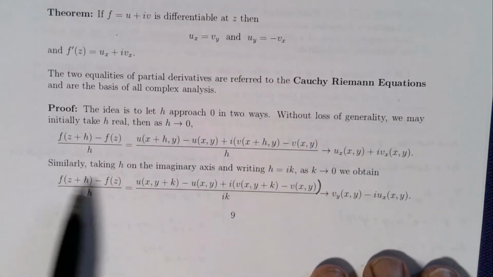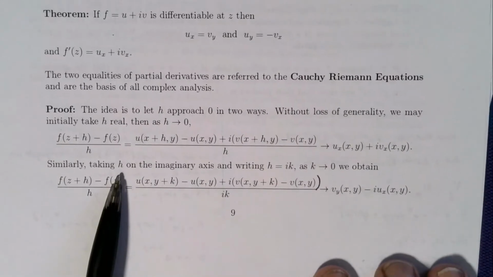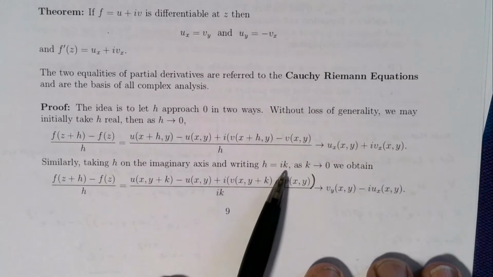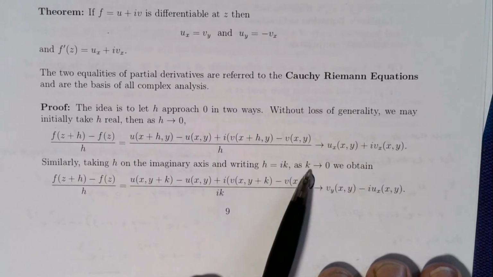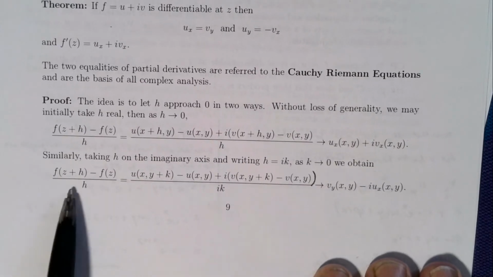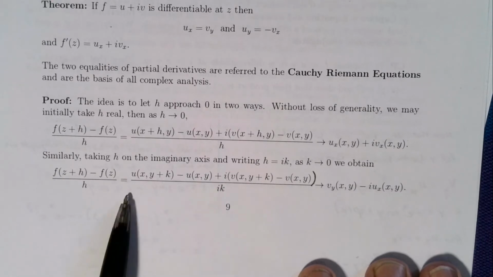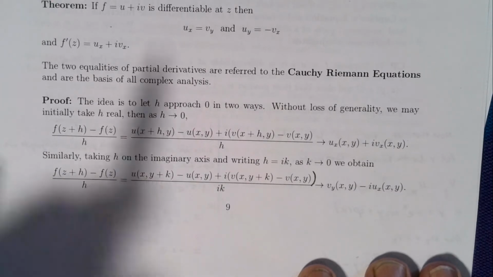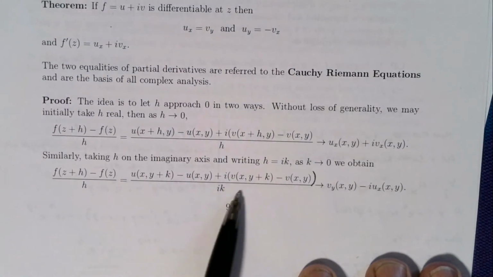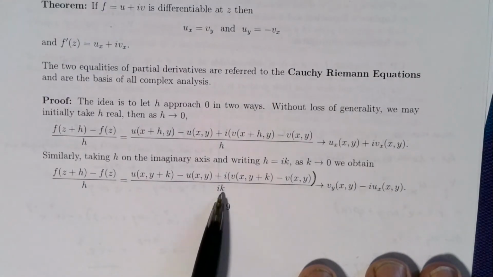Similarly, if I take h on the imaginary axis, so I'm going to write h to be ik, where k is real, and I'm going to let k go to 0. Then again, we do the difference quotient on this one. So pulling the 1 over i out for the moment, looking at the second difference quotient here, then as k goes to 0, this bit over this is going to go to partial dv dy.